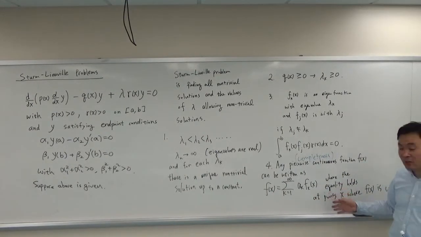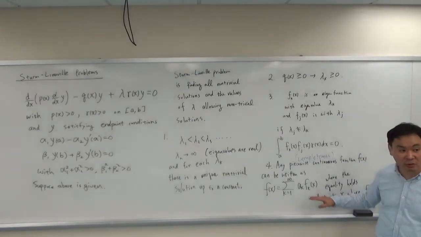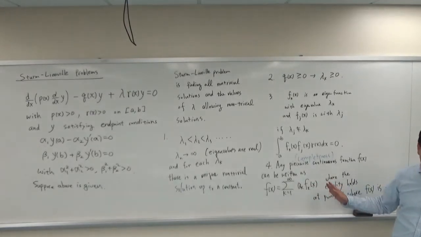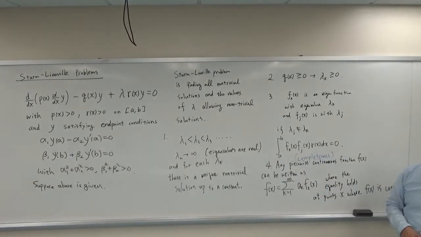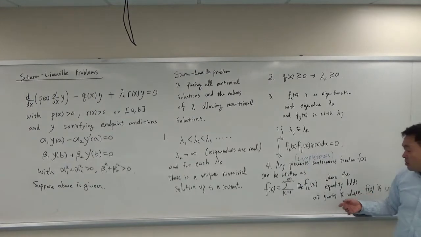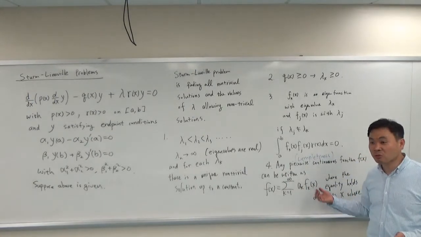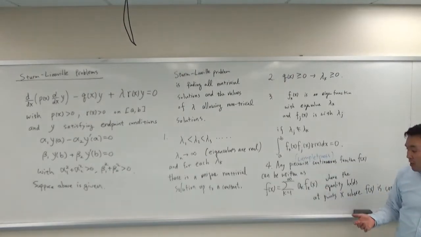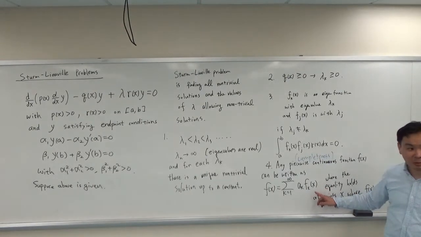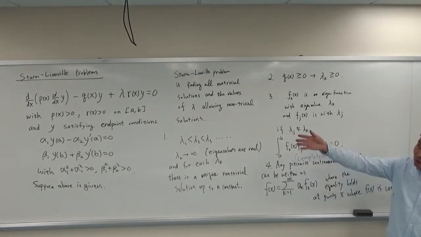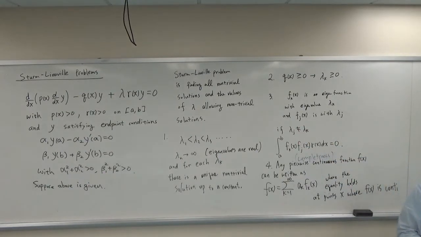The specific case we had for the cosine or sine was the Fourier cosine series and Fourier sine series. And then for the disk, we just saw that you can represent any function as sums of Bessel functions, which looked crazy, but it does work. And that's because the Bessel functions, again, solve some kind of a Sturm Liouville problem.